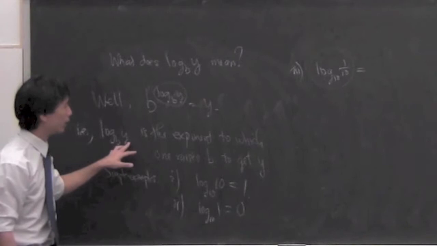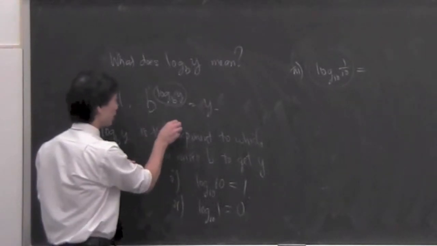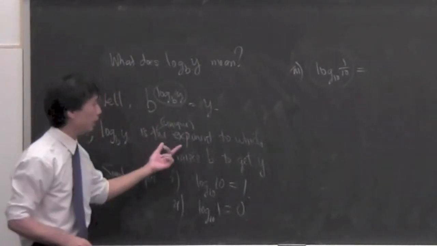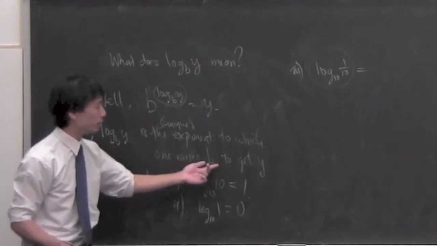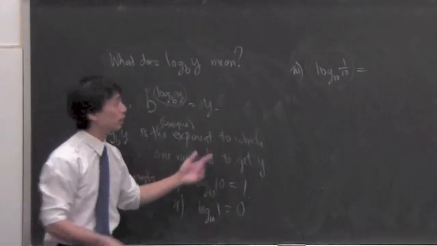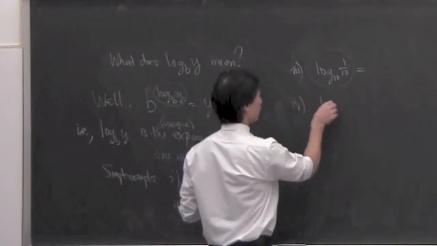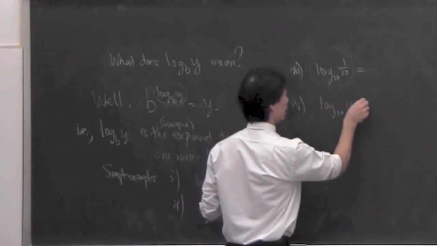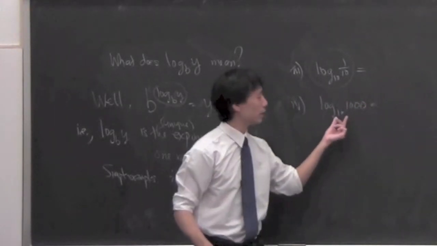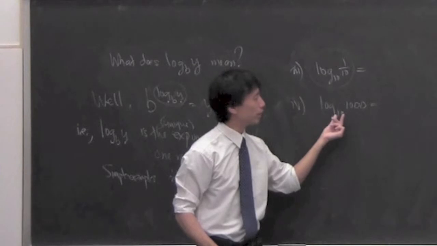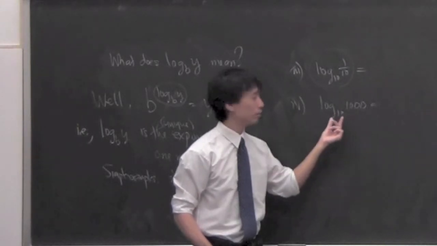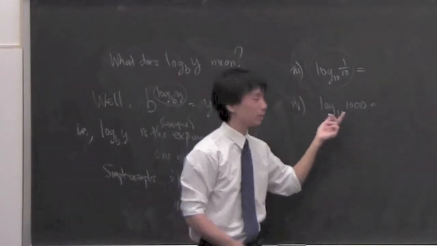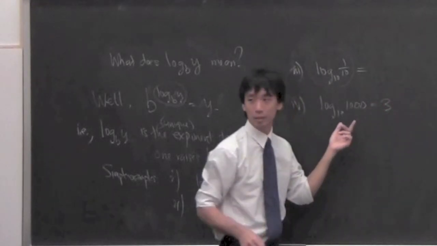Log base b of y is the unique exponent to which one raises b to get y. So like if I say log base 10 of 1,000, basically, it's to what power do you raise 10 to get 1,000? Well, 10 to the 3 is 1,000, so this is 3.